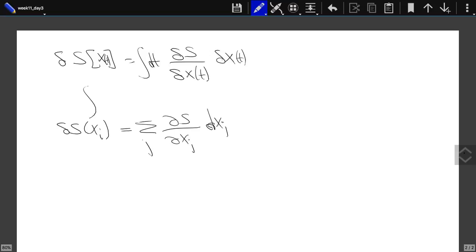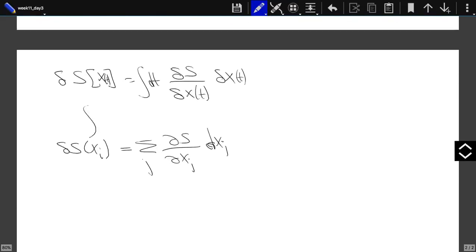No, it's not the ordinary derivative. It's the functional derivative. It amounts to the ordinary derivative of the Lagrangian. So we will see that.